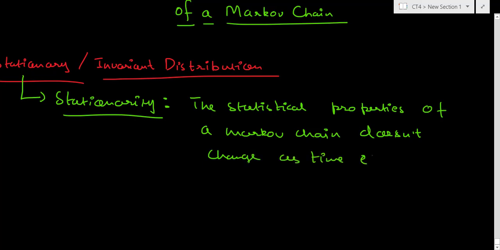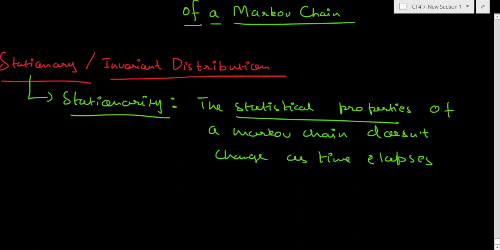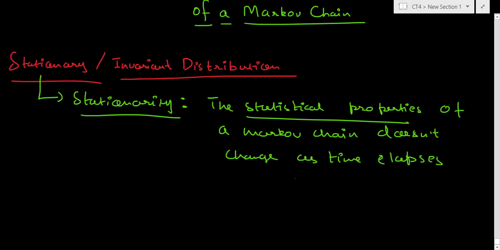Time is continuously elapsing, but the distribution or the statistical properties of the Markov chain remain the same.